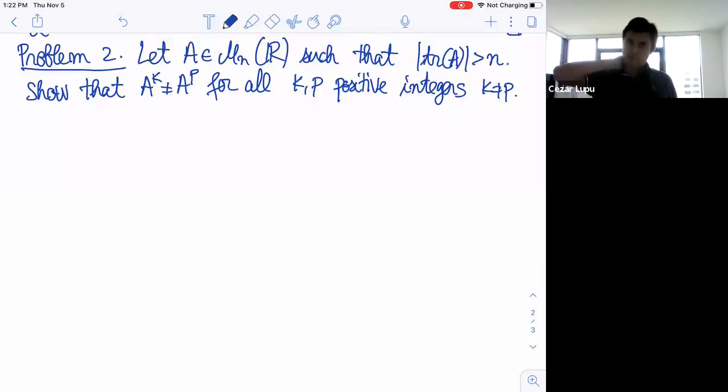We did a similar problem for 2 by 2 matrices, if you remember. Remember that problem that we did when we actually proved that in 2 ways. When I have a 2 by 2 matrix and the trace of the matrix in absolute value is strictly greater than 2, then A to some positive integer power can never equal the identity matrix, right?